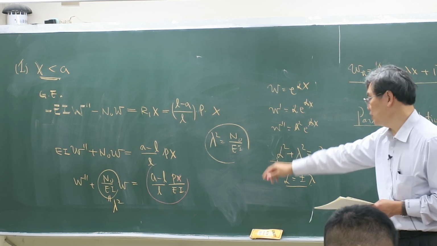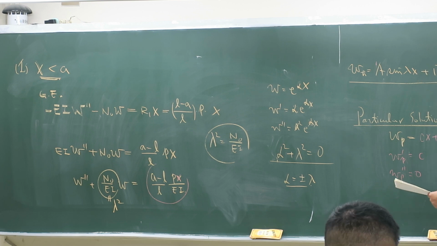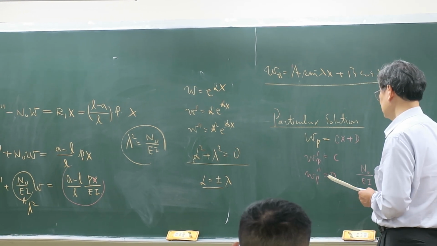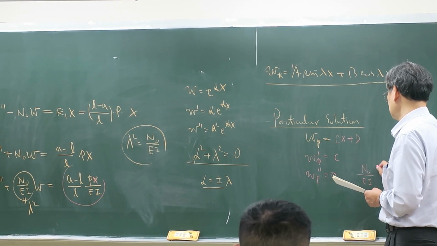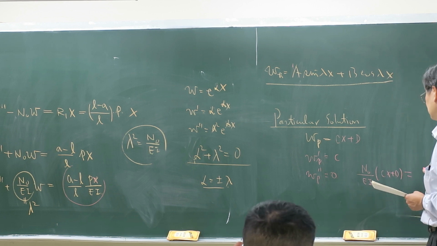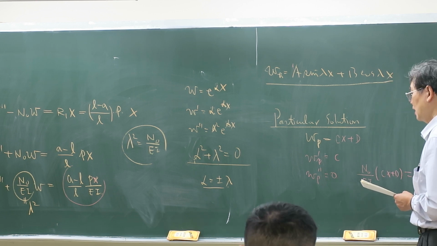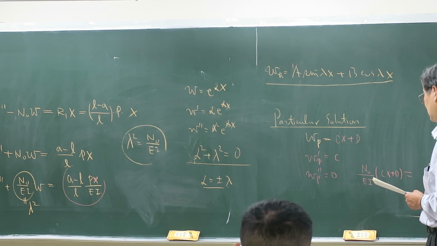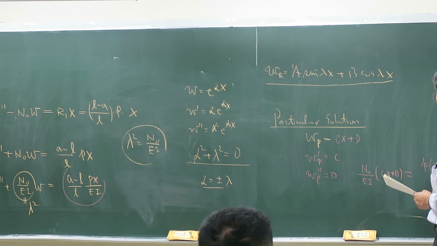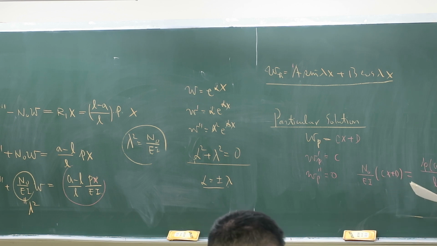So we put this in the equation, we have N0 over EI W equal to Cx plus D, and that will be equal to P (A minus L) over L EI x, right?